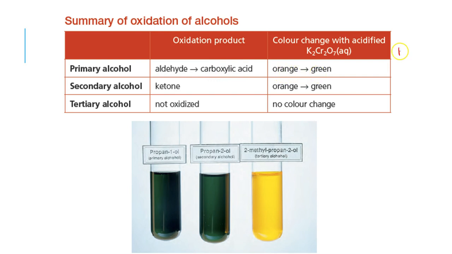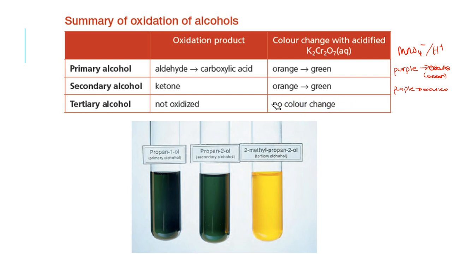If we were using MnO4- in the presence of H+, this would go from purple to colorless. You may get some brown Mn2+, but not often. And then this one would also go from purple to colorless as the reaction progresses.